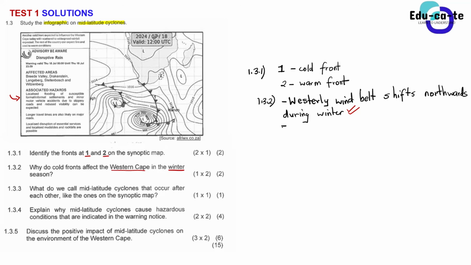The primary cause, or the conditions required for the mid-latitude cyclone to form, remember, we need some warm westerlies and cold polar easterlies, and then when it is mature, it moves northwards. It moves northwards because the westerly wind belt is the one that controls the mid-latitude cyclone.